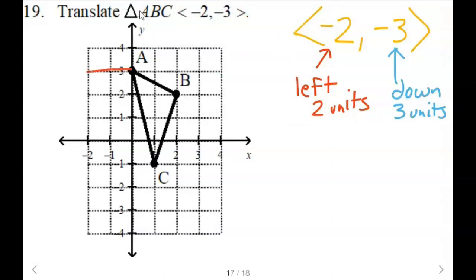To the left 2, down 3, and so we have our new point A prime. To the left 2, down 3, the new point B prime. And the same way, to the left 2, down 3, for C prime. And then we can connect all those points.